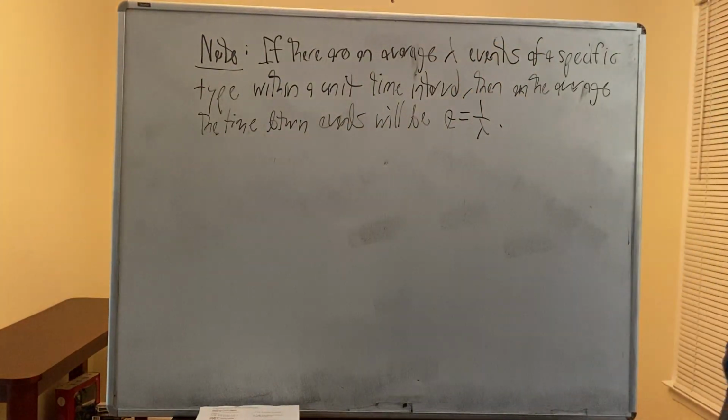Okay, so if there are an average lambda events of a specific type within a unit time interval, then on the average the time between events will be theta equals 1 over lambda.